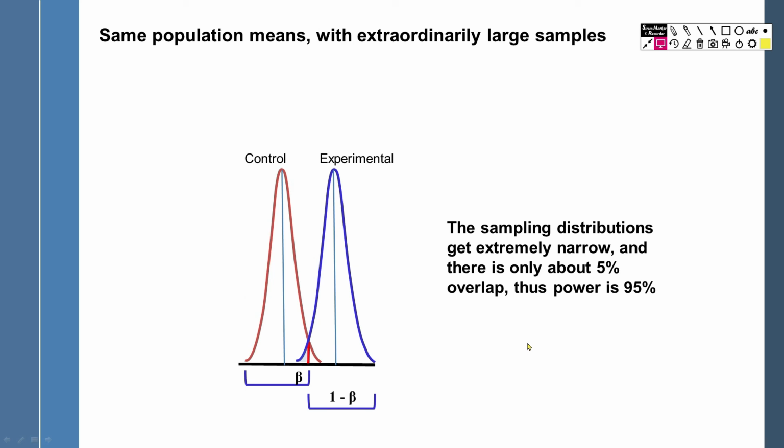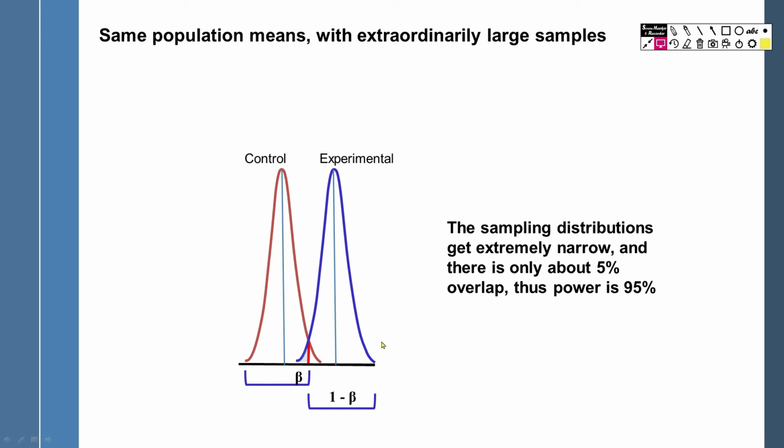If I have extraordinarily large sample sizes, then I'm going to get a situation that looks like this, even if the effect size is small. Remember, significance equals effect size times sample size, or leveraged by sample size. So if you have a small effect size, you need a very large sample in order to have decent power and detect that effect.